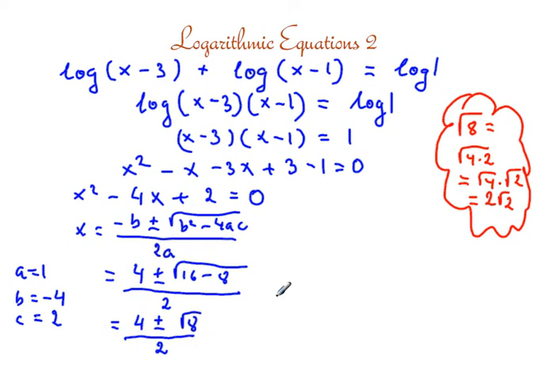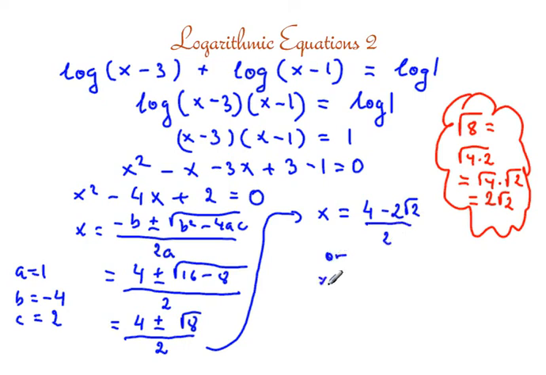X is equal to 4 minus 2 root 2 over 2, or x is equal to 4 plus 2 square root 2 divided by 2.